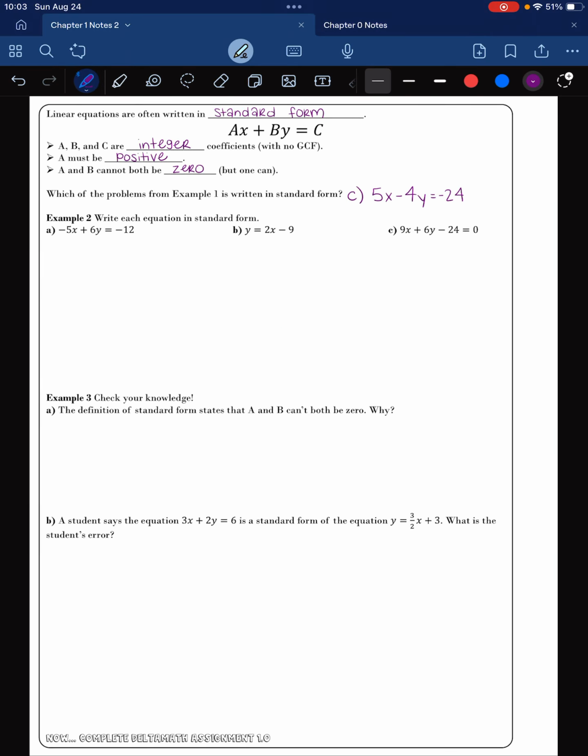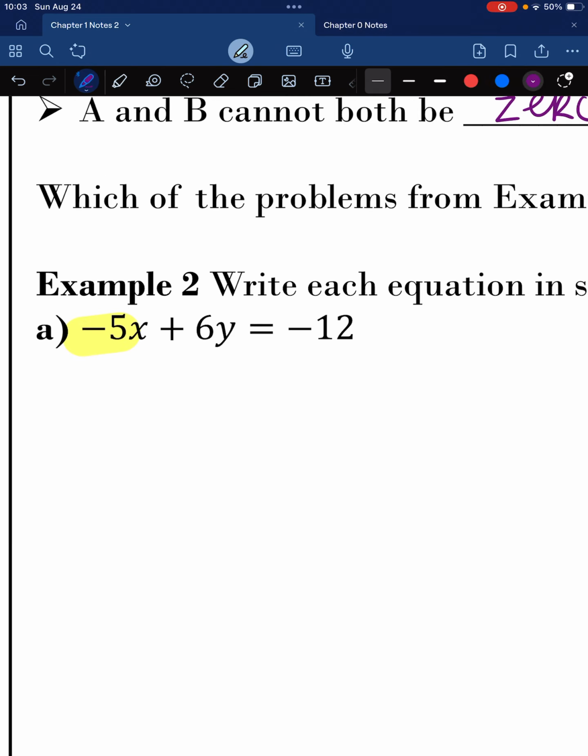Alrighty, write each equation in standard form. So I need to go through my rules and make sure that I follow all the rules for standard form. This one looks like it's in standard form already. A, b, and c are integers, good to go. A must be positive, and that's my issue here, is that the a value is currently negative. So I'm going to go ahead and multiply everything by -1.